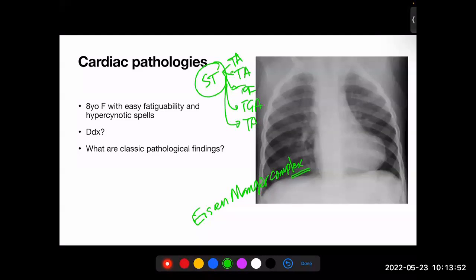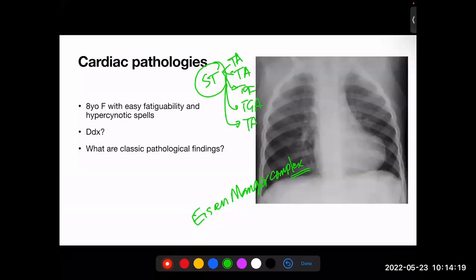But when you get a right to left shunt, I hope I'm saying this right, usually the right side of the heart has less pressure than the left, because the left ventricle is larger than the right ventricle. But because of a lot of blood going from left to right, there is an increase in pressure.